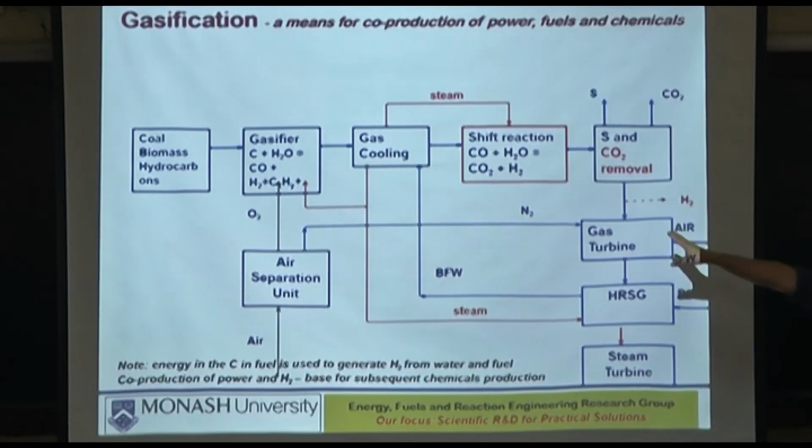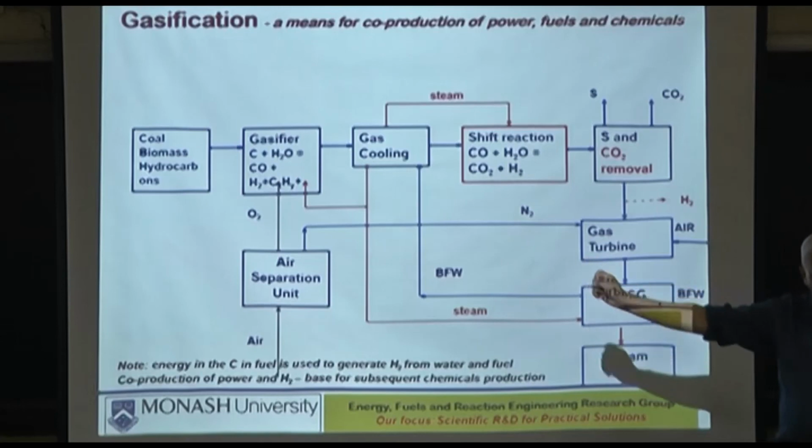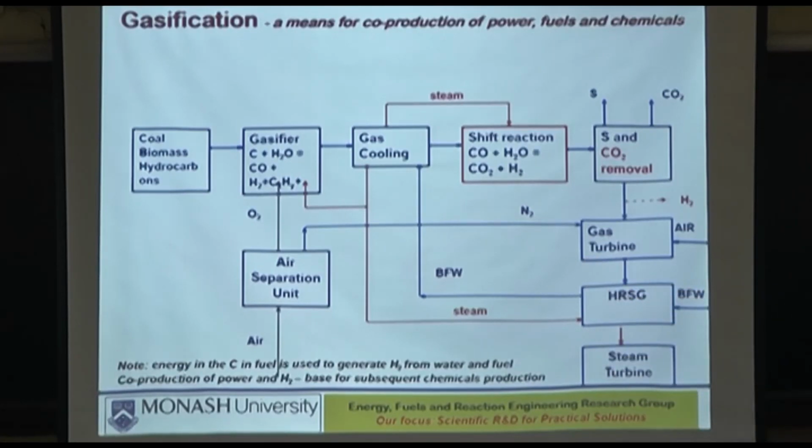Because it's a catalyzed reaction, you cannot go to a very high temperature, number one, because the catalyst will not function. Number two, if the temperature is very high, the conversion of the CO and the steam to carbon dioxide and hydrogen will not be 100%. So there will be a lot of unconverted CO and water vapor steam will remain, which you don't want.